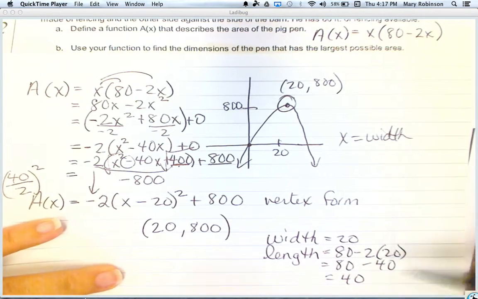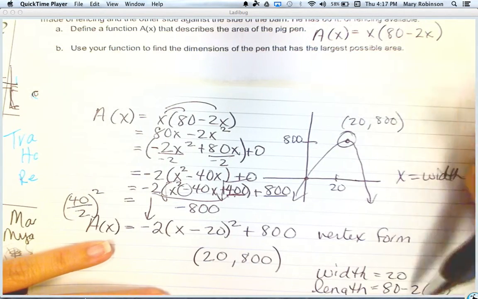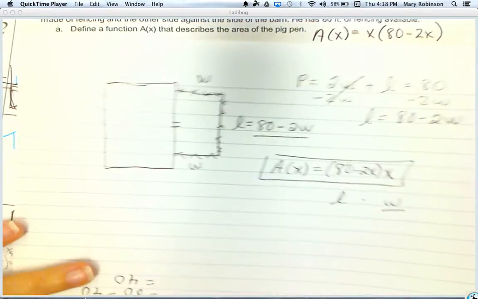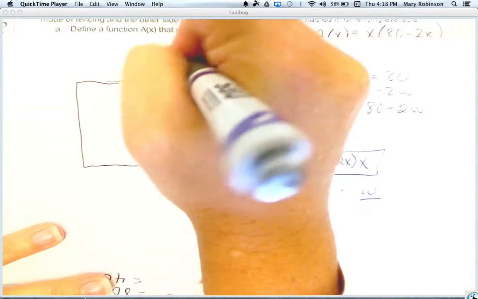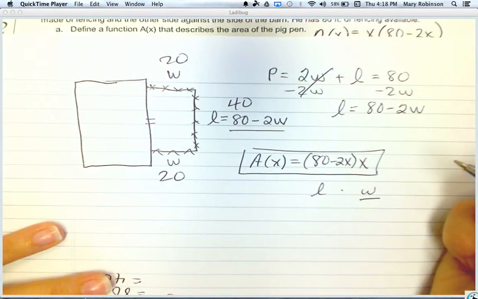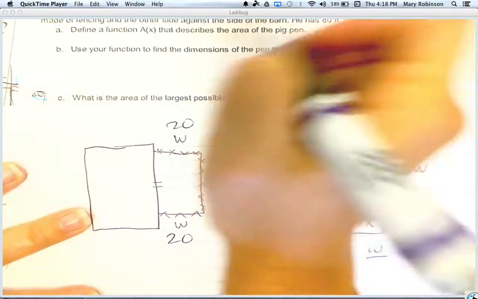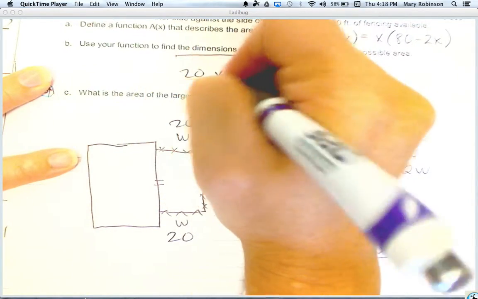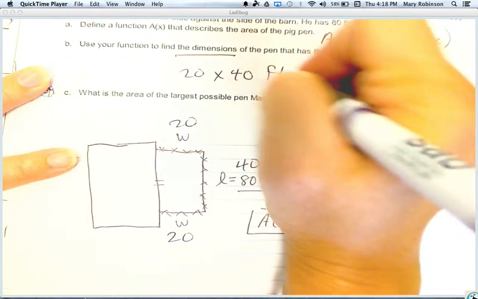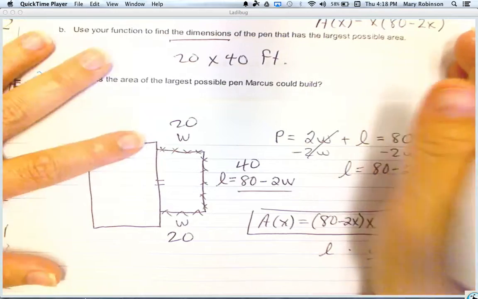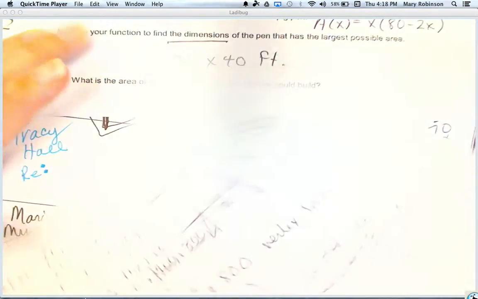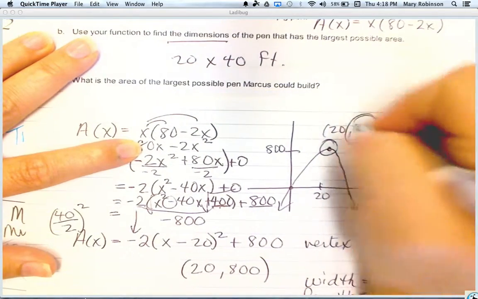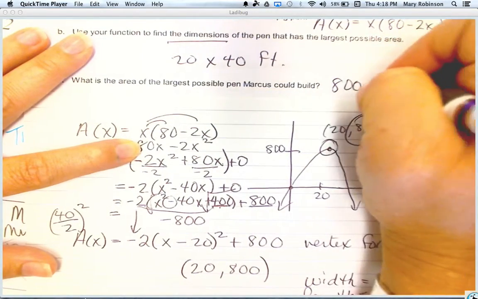And that should make sense because our perimeter should add up to 80. So back to the picture, this side would be equal to 20, that side 20, and that side 40. So the dimensions would be 20 by 40 feet. The largest possible area is the k value in your vertex, which was the 800. So 800 square feet.